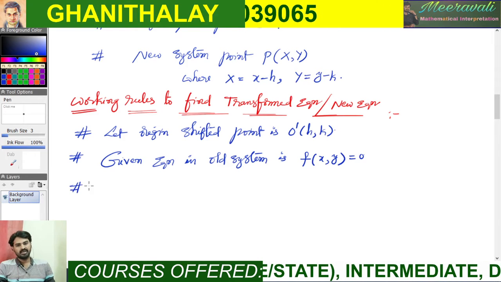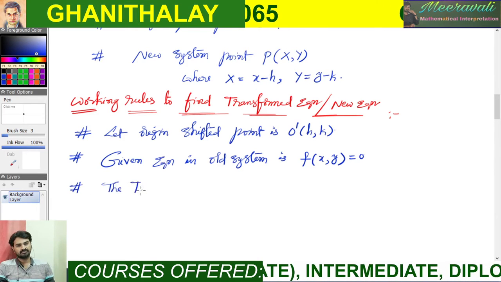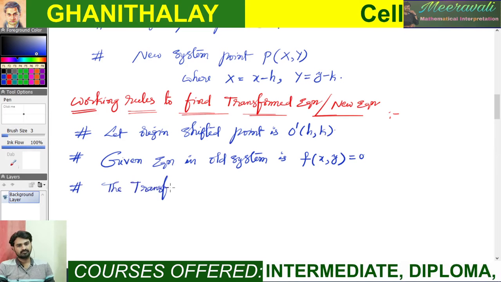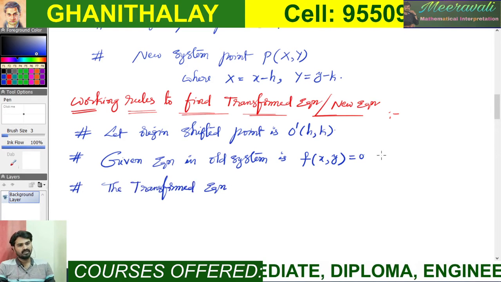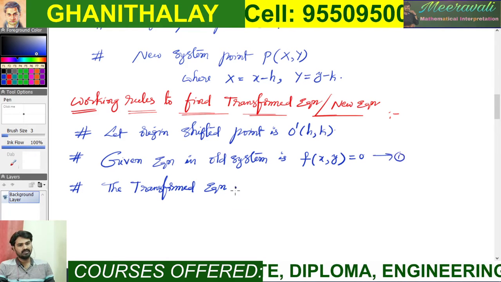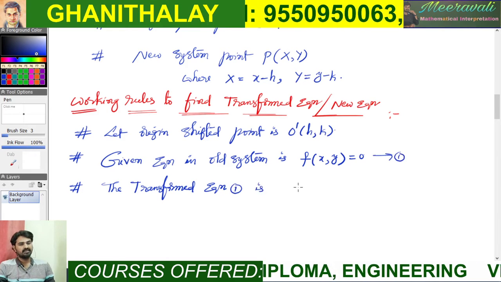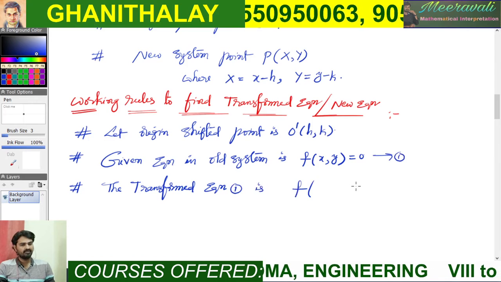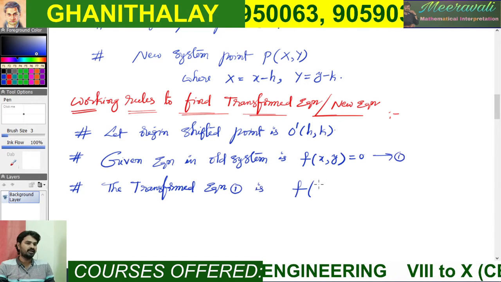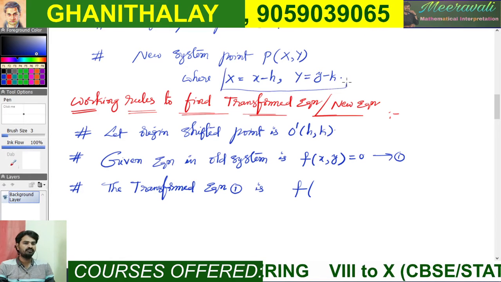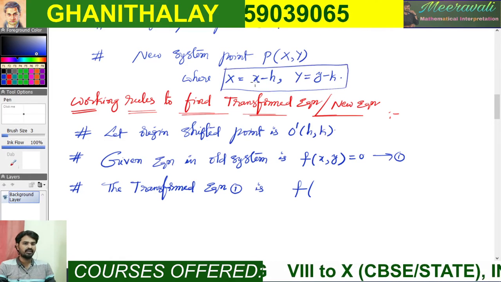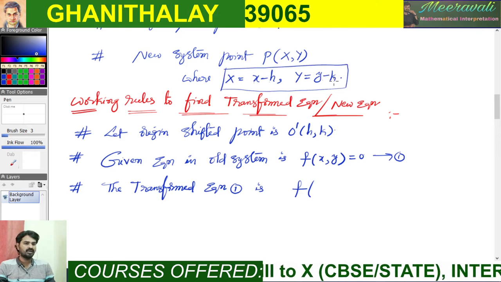Now the transformed equation, let it be equation 1. Equation 1 is, now the equation should be converted into capital X and capital Y. Already I have told you what capital X and capital Y are here, small x minus h and small y minus k.